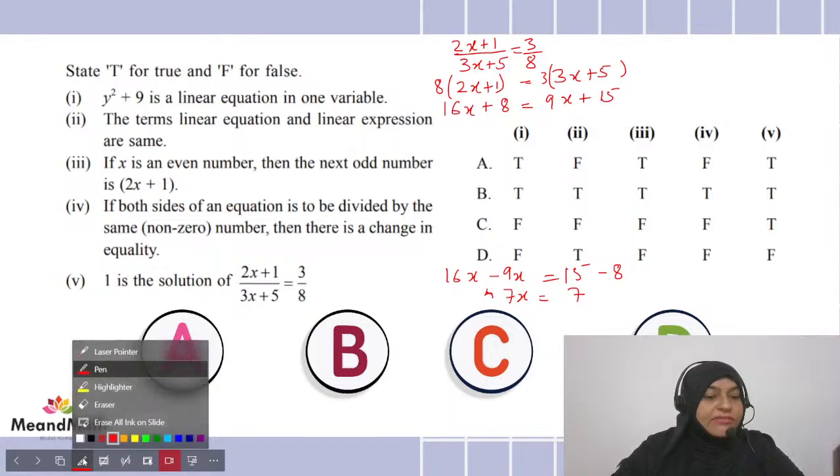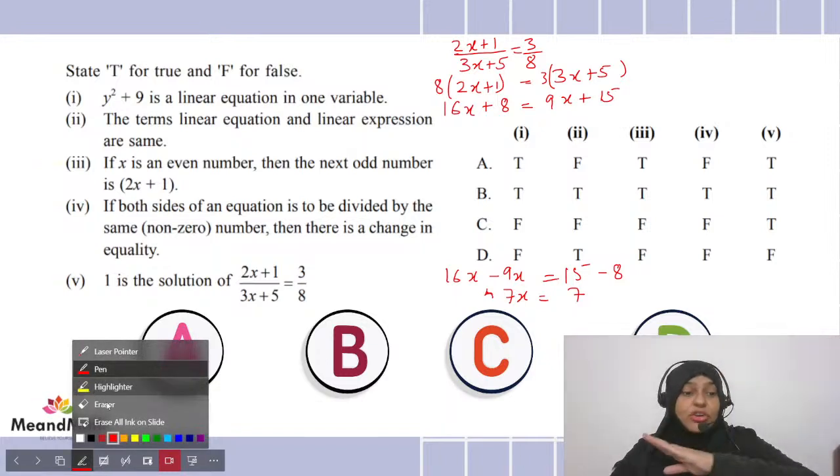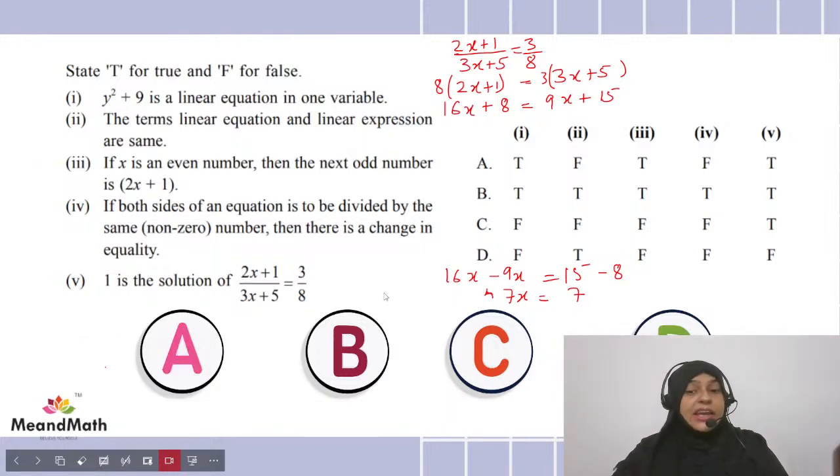Now we need to take 7 to the other side because we need to find the value of x. So when we take 7 to the other side, it will be 7 divided by 7. So the value of x is equal to 1.